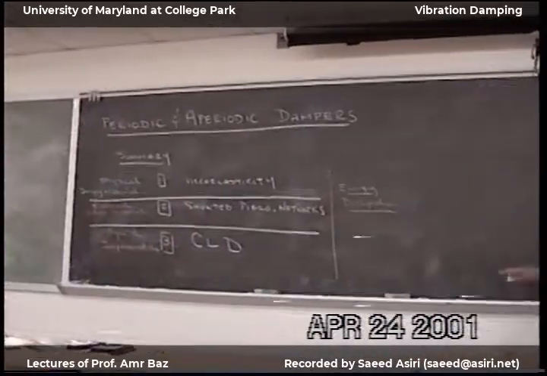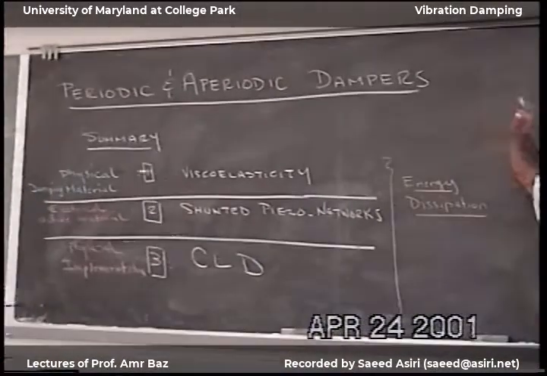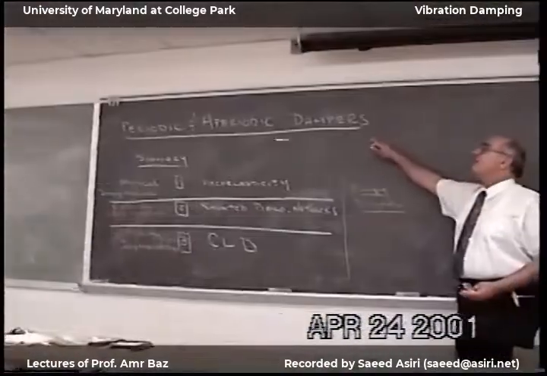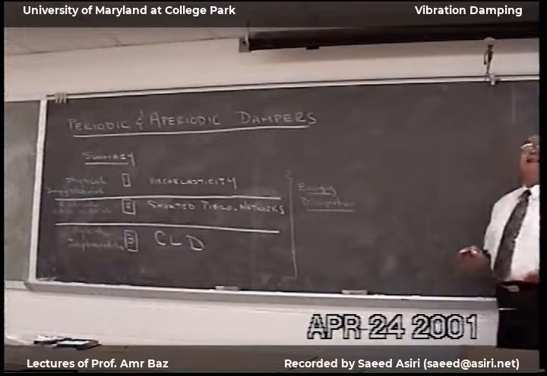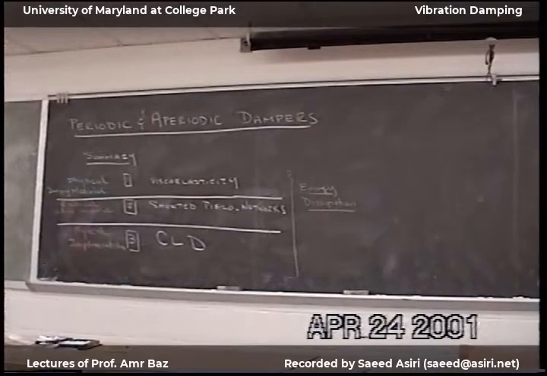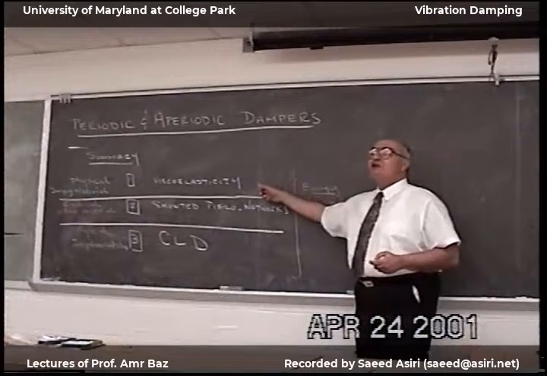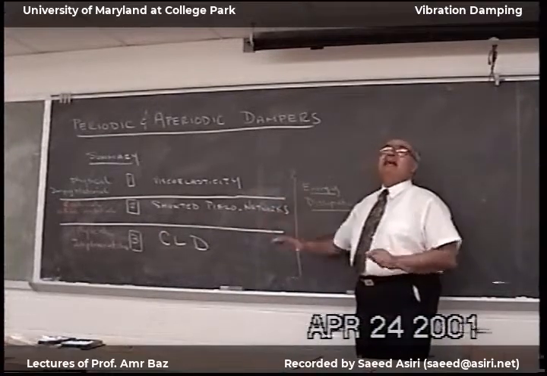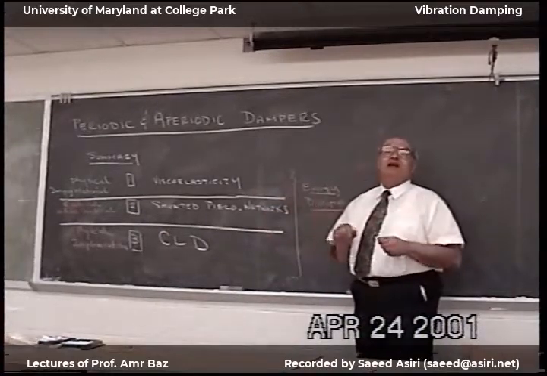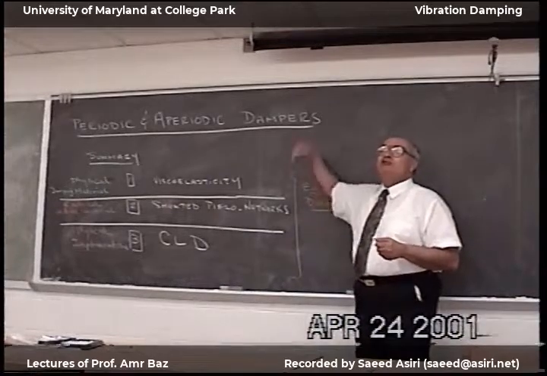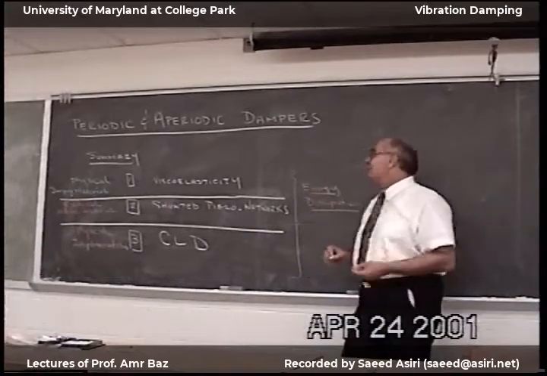Okay, today we'll begin a new type of damping approach. This does not have either damping material or physically active material. It has no damping at all, but the performance of it looks exactly like damping.